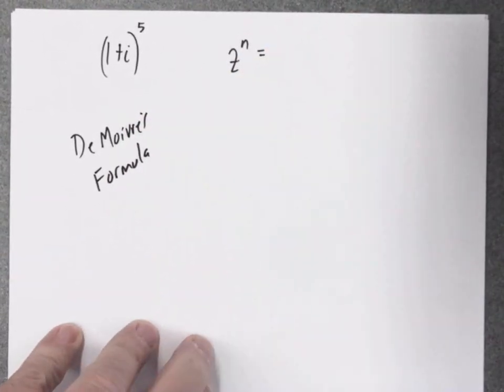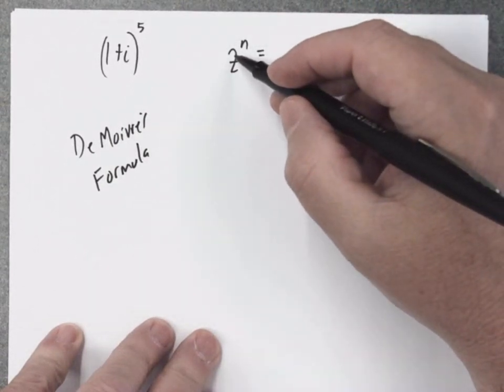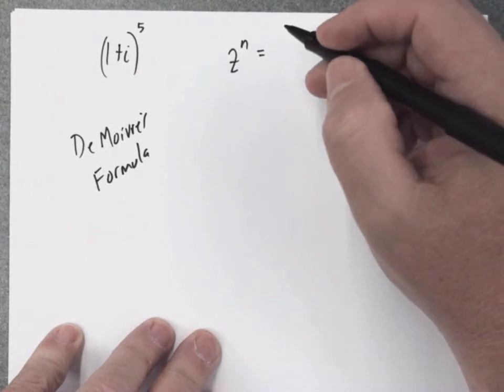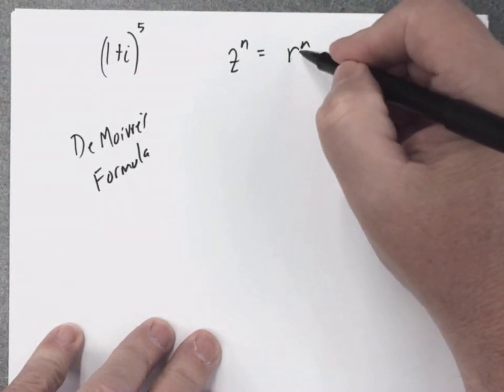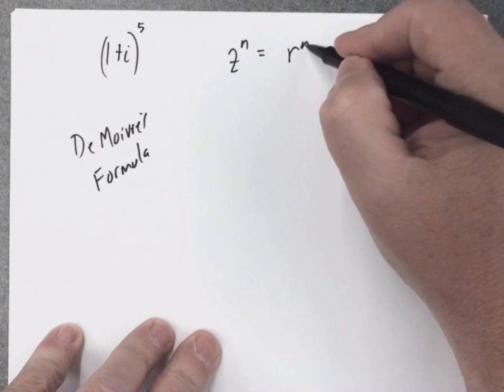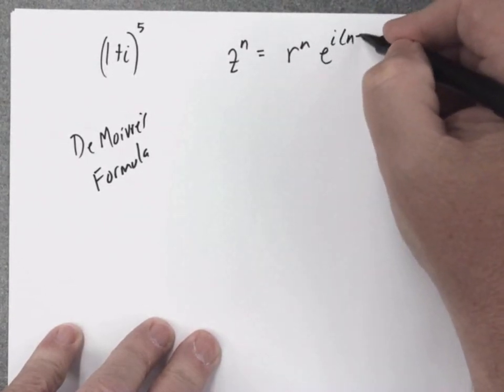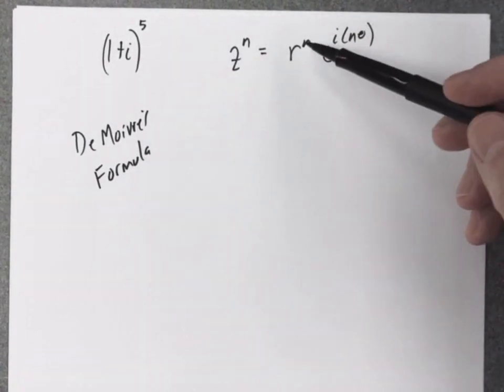Sounds French. But he came up with, so if you need to raise a complex number to the n power, you simply take your r, you raise it to the n power, and then you have e to the i times n theta.